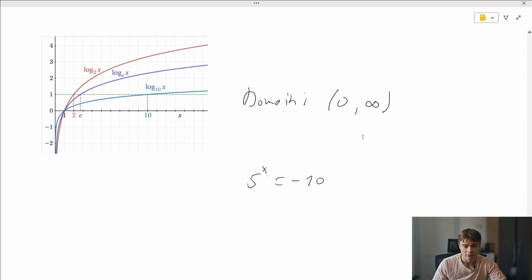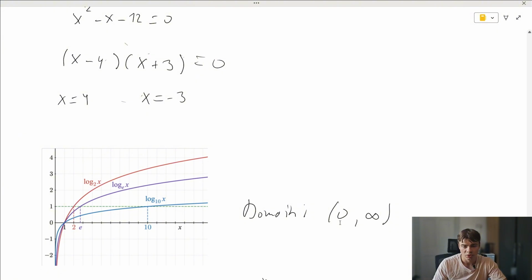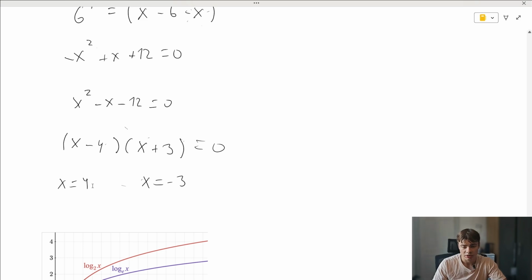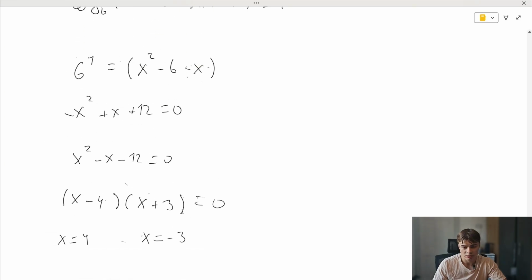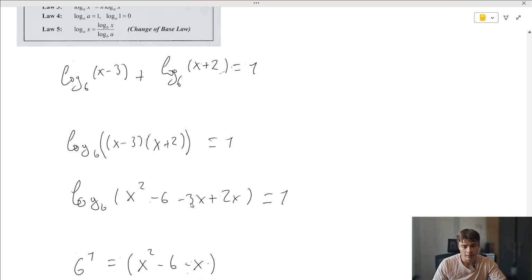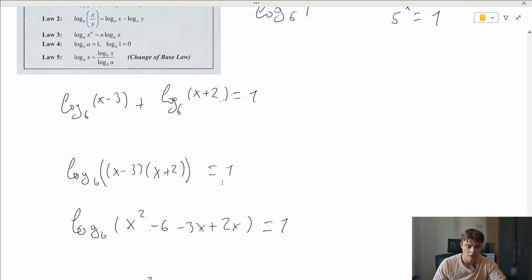It's this fact. Come back here, and we know that the domain is in between 0 and infinity. We can check 4 and minus 3 in the equality. That's our original expression.